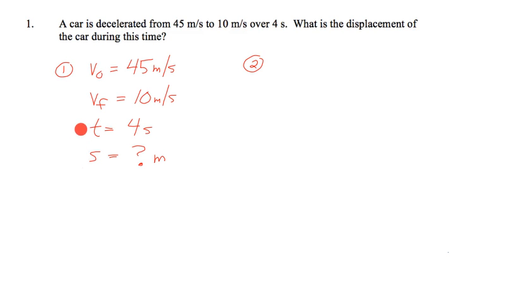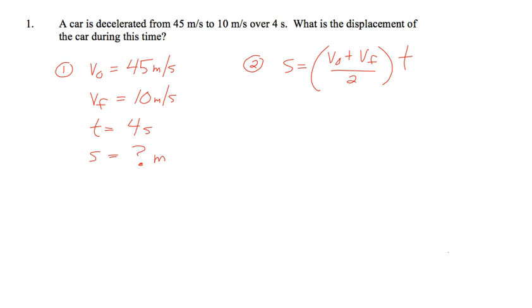So if acceleration is the only one that I didn't write down, then I'm going to pick the equation that doesn't have acceleration. Because if it doesn't have acceleration, it has those 4. And there's only one formula that doesn't have the acceleration, and that is S equals (VO plus VF) over 2 times T. So that's the formula that I would be using in order to solve this problem.